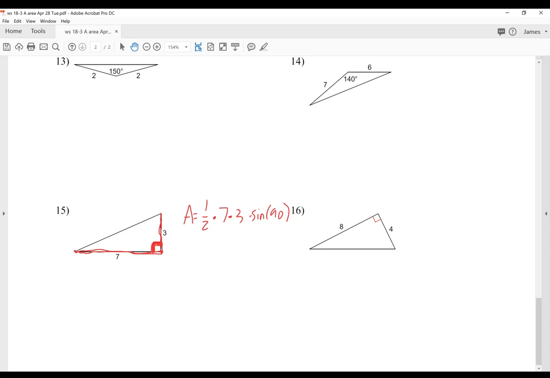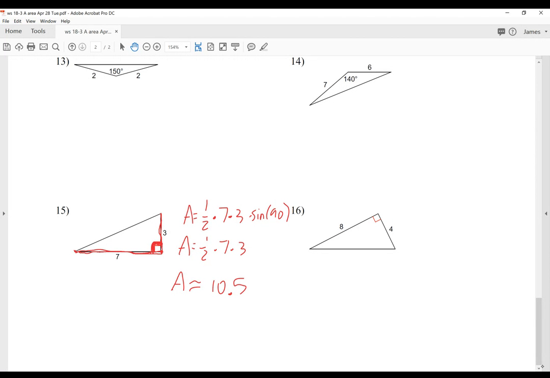So if you press sine of 90 into the calculator, you're going to get 1. Do you need to do times 1 in the calculator? No, times 1 is just times 1, so it doesn't do anything. So it turns out to be exactly the formula for base times height. So 3 is the height in this case. So sine of 90 magically disappears. If you work this out, you're going to get 10.5 exactly.